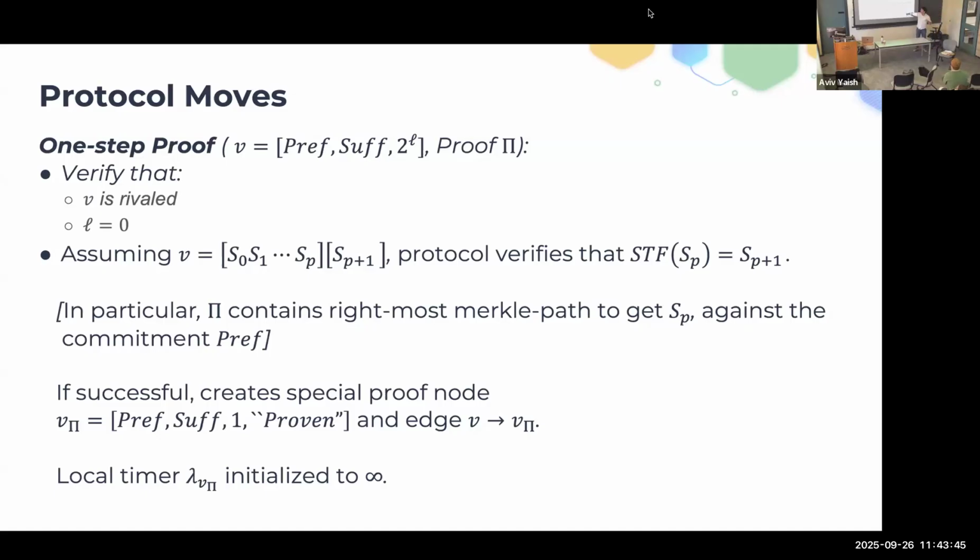The point is that the rightmost Merkle path allows the smart contract to get the supposed commitment to SP, the supposed commitment to SP plus 1, and then it's able to verify whether, when you do the state transition function from SP, you will get SP plus 1. That's a topic for a 3-hour lecture on how that works, which will not be done by me.